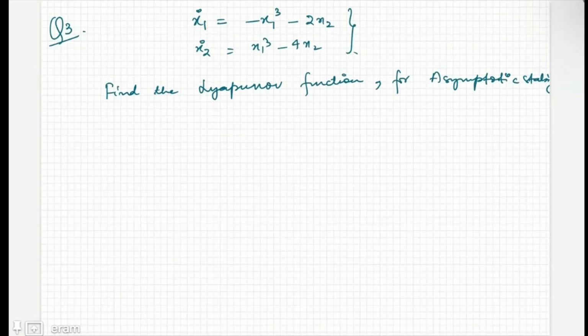And if a system is asymptotically stable, then there must exist a Lyapunov function whose derivative is negative definite. So for that case, we need to find the Lyapunov function that will render its derivative negative definite, such that this system is asymptotically stable.